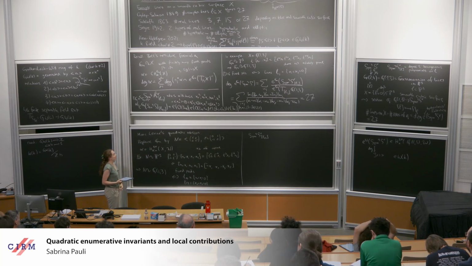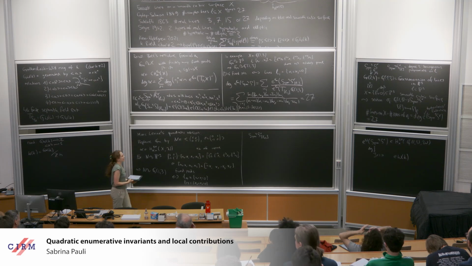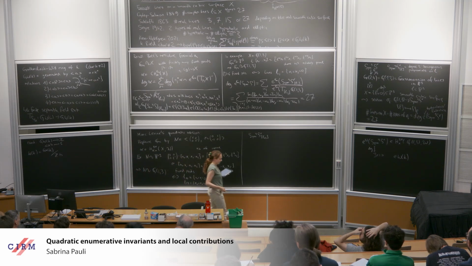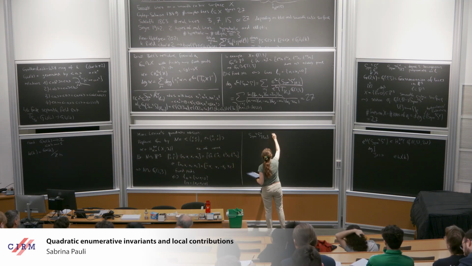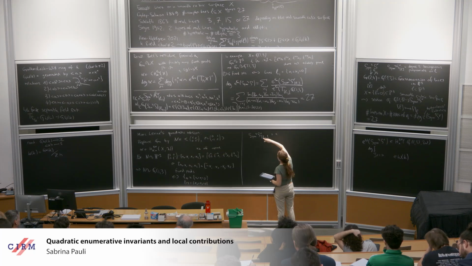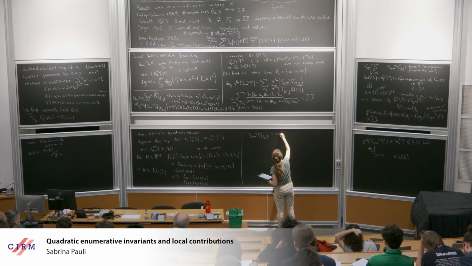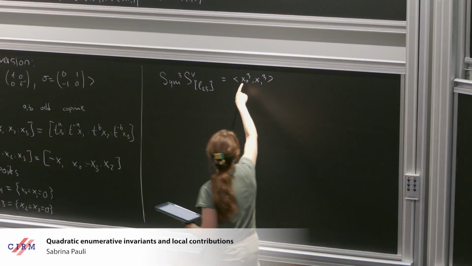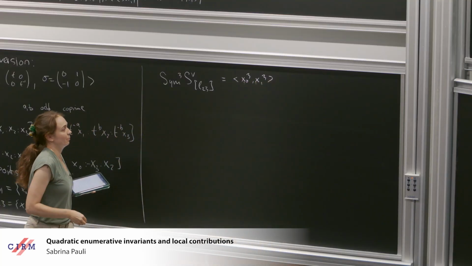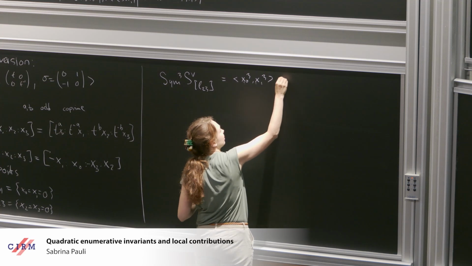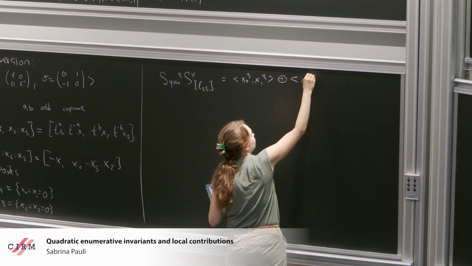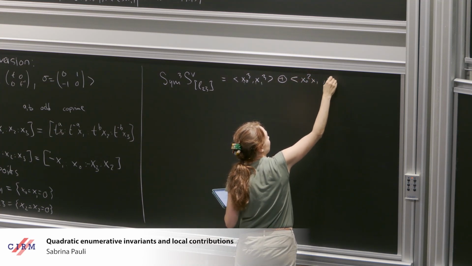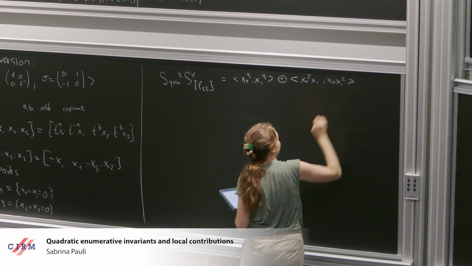And now this again splits up as a direct sum of irreducible N representations, but now it's not 4, it's 2, because these 2 are swapped by sigma, and x0 squared x1, x0 x1 squared.